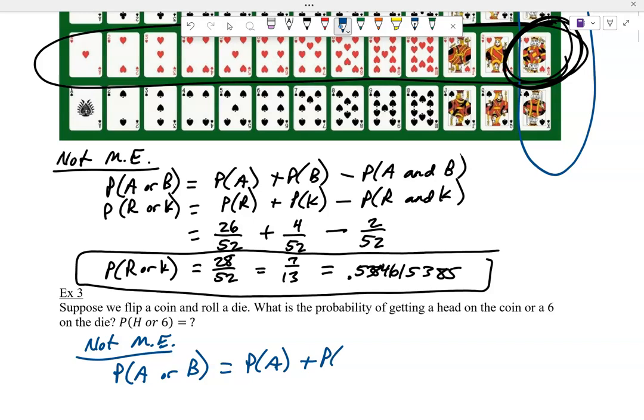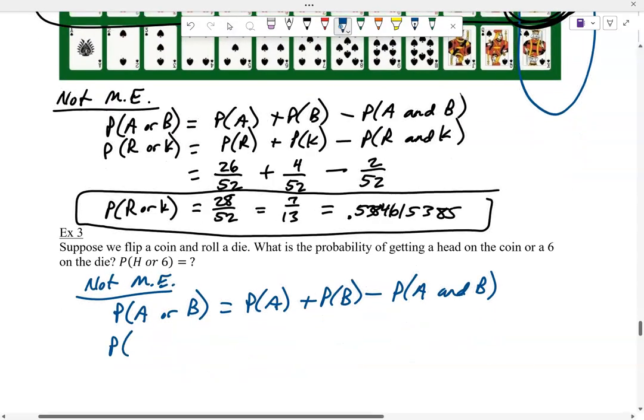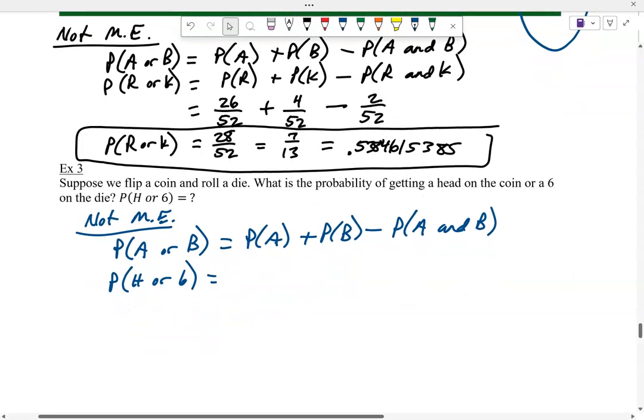Well, let's see. So again, if you're revisiting this, you're flipping a coin and you're rolling a die, same time, like one in one hand, one in the other hand, or whatever, right?